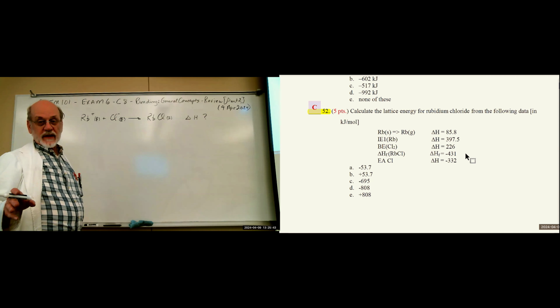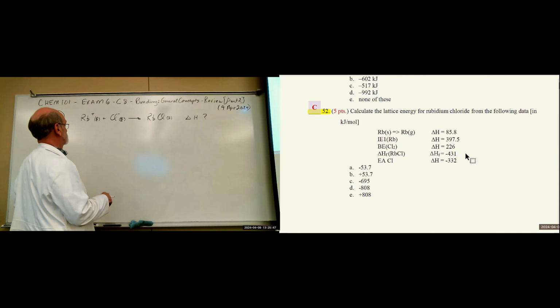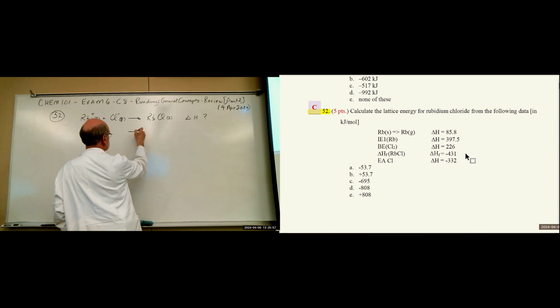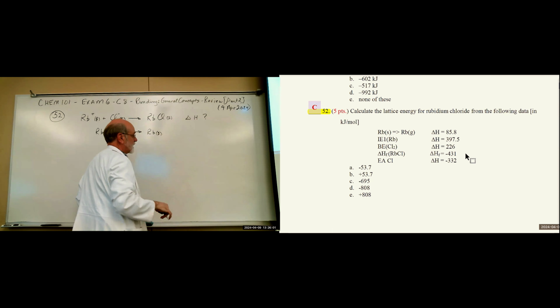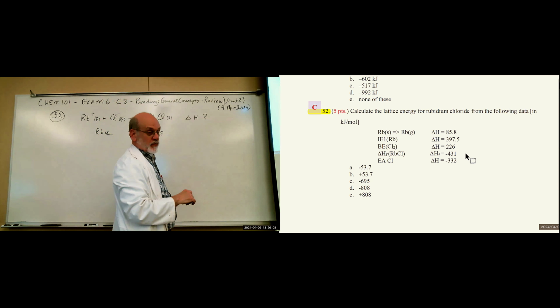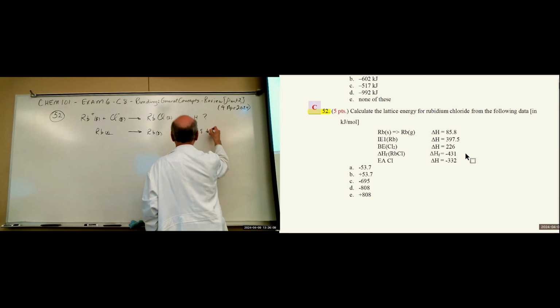We have a rubidium solid and rubidium gas. So I'll just put them up here. Rubidium solid to rubidium gas has a delta H of 85.8 kilojoules.